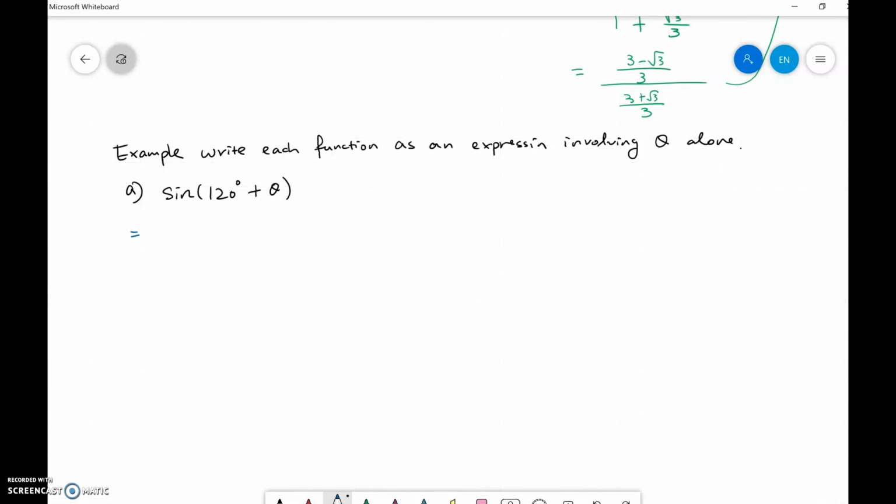Okay. So I'm going to use the sum formula for the sine. So sine of 120 cosine of theta plus cosine of 120 sine of theta.